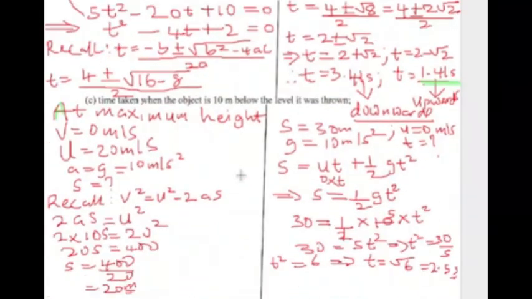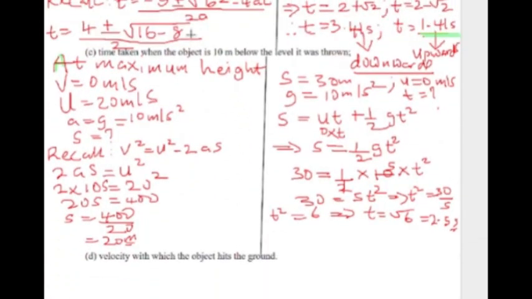So it means that the total time in this context will be the time for going up and the time for falling to a point 10 meters below its point of projection. So that gives us 2.45, not 2.5, so write that properly. This is 2.45.